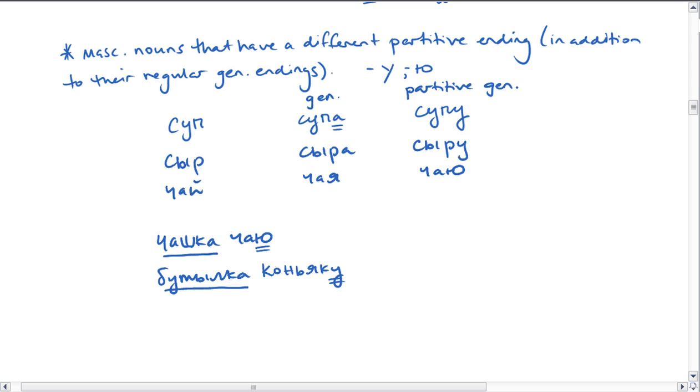So after бутылка, тарелка супу, right? That special ending. Also after пачка, a packet, сахару, sugar, is another with a special partitive ending, пачка сахару.